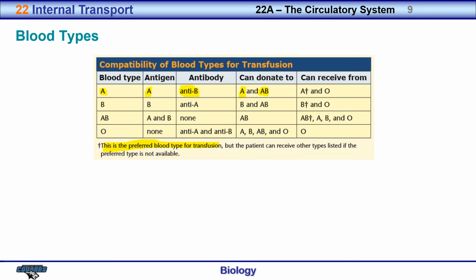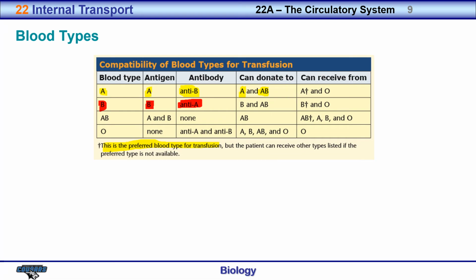Now let's look at blood type B. Okay, so in blood type B, you have a B antigen, and A would be foreign to it, so it's going to develop an anti-A antibody.